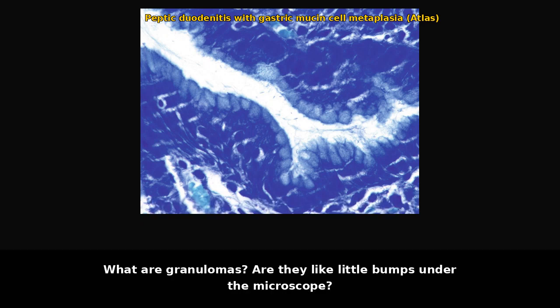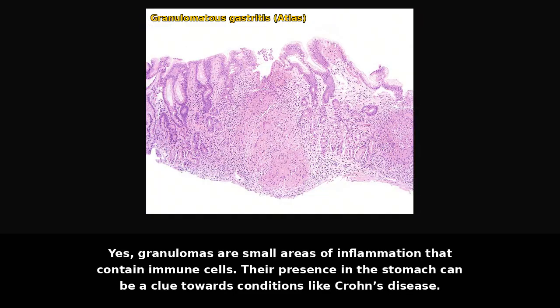And what are granulomas? Are they like little bumps under the microscope? Yeah, granulomas are small areas of inflammation that contain immune cells. Their presence in the stomach can be a clue towards conditions like Crohn's disease.